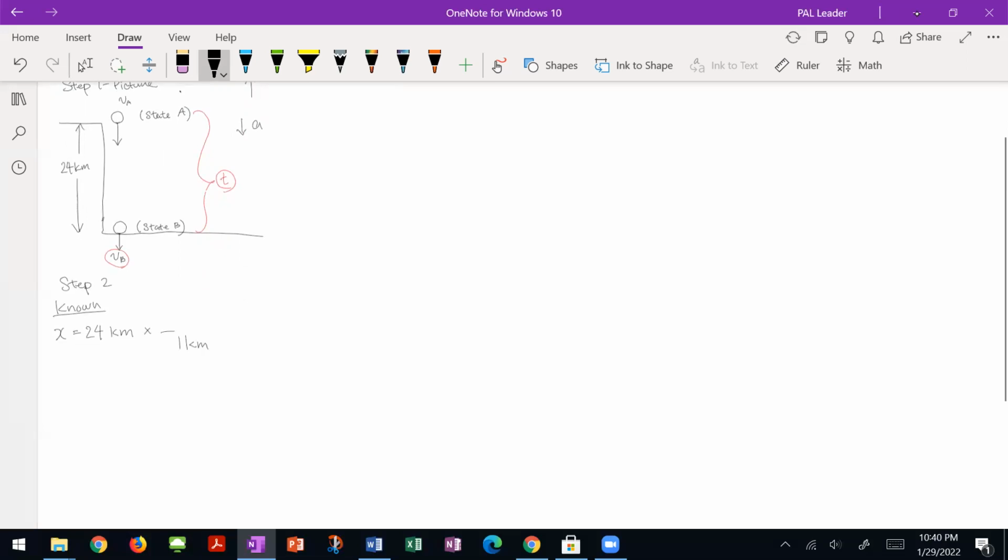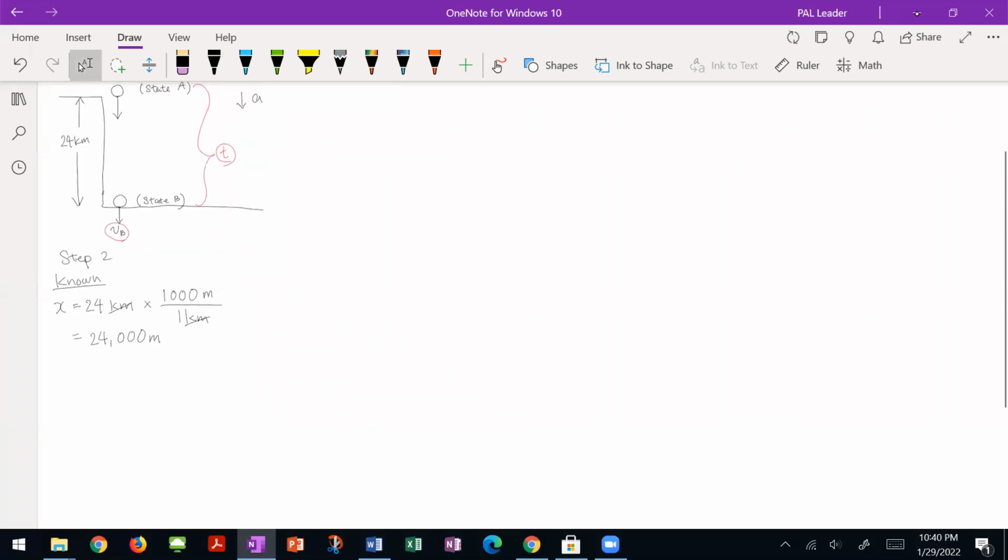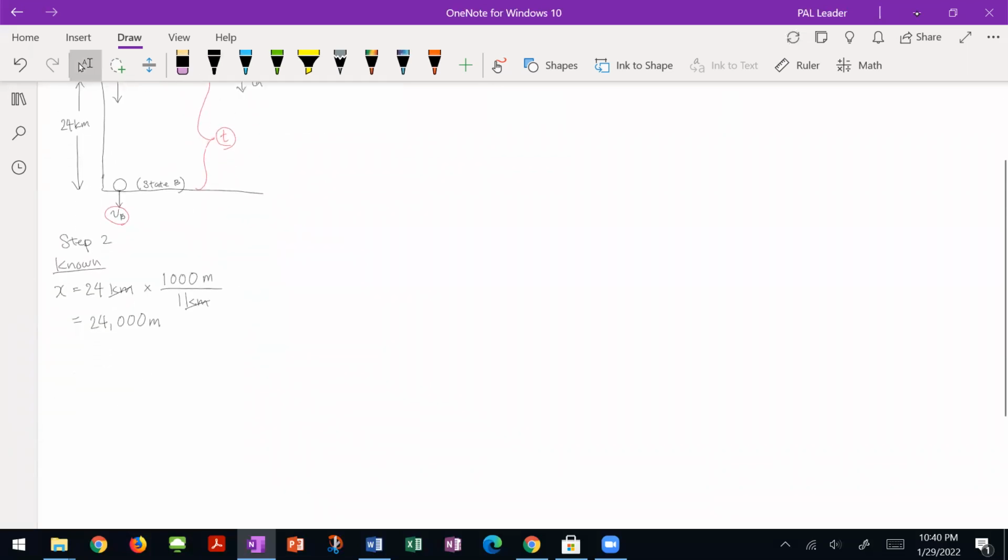The denominator is going to be 1 kilometer, and 1 kilometer is 1,000 meters, which tells us that the kilometer will cancel out. So it would be 24 times 1,000 meters, which would be 24,000 meters. I don't know how much you can feel what a meter is, but that's a long way.